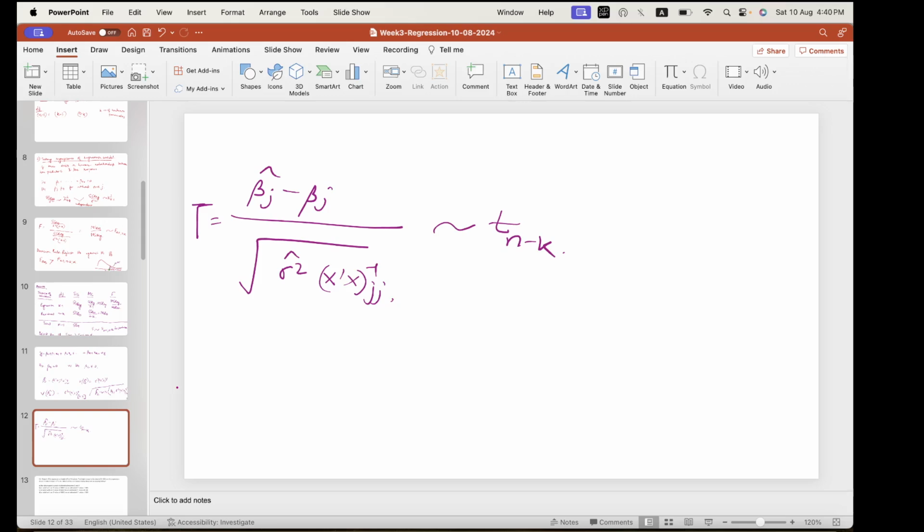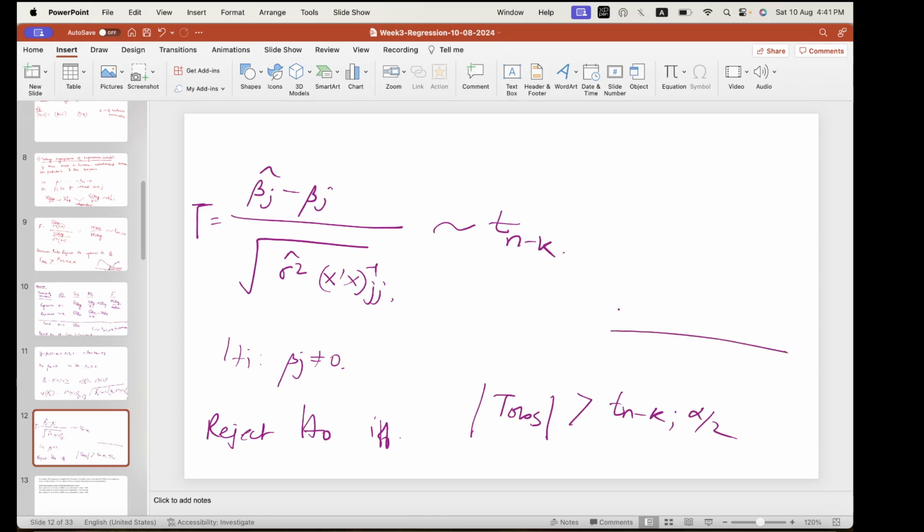Okay, and if we want to test if our H1 is this, that beta j is not equal to 0, then we should reject H naught if and only if the modulus of t observed is greater than t n minus k, alpha by 2.